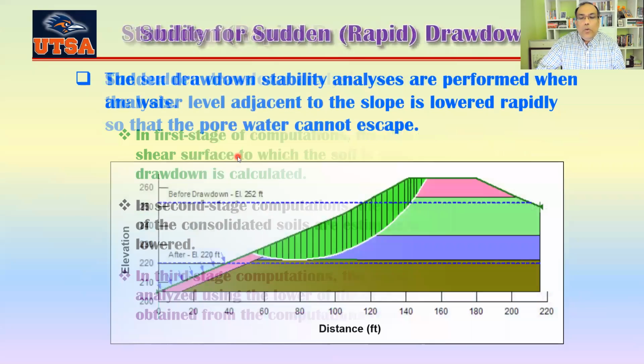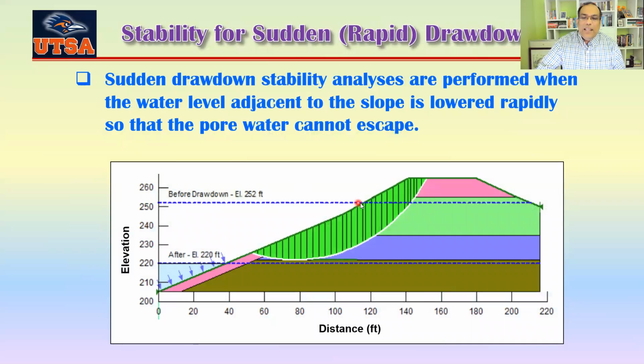So what we do here, let's say there is water here, okay? Now this water is creating pressure here, right? So let's say this is your failure plane. The soil here will be compressed from that load when the water is here.